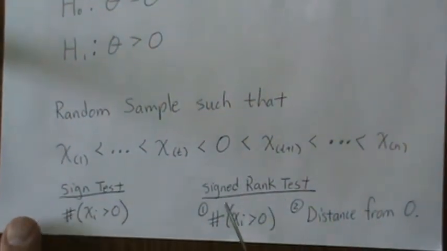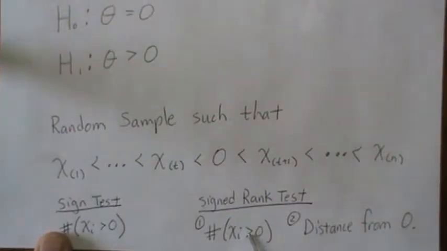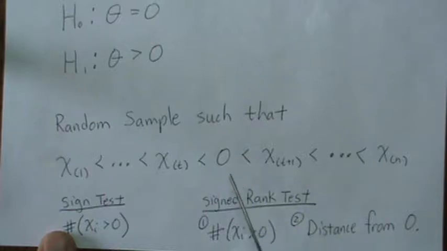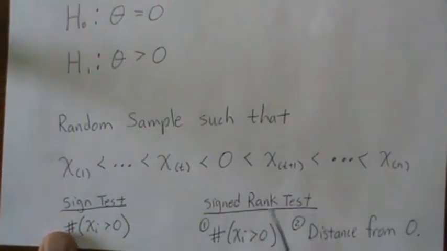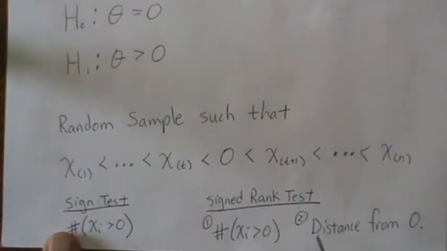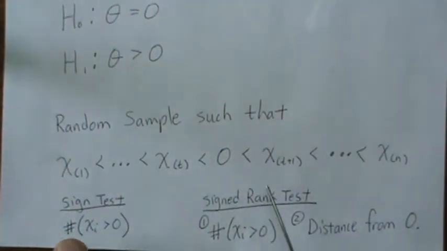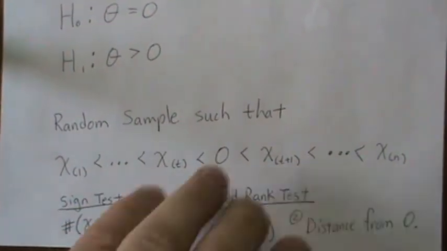But in the signed rank test, they look at essentially how many are above 0, and they do that through the ranks of the absolute values, which we'll show in a second, which incorporates the distance from 0. So not only the number of positive observations, but also the distance from 0.